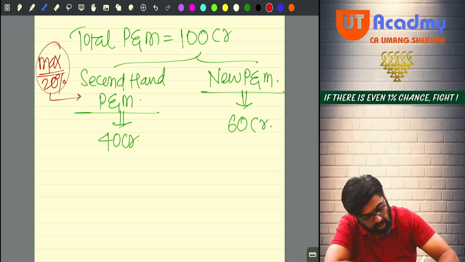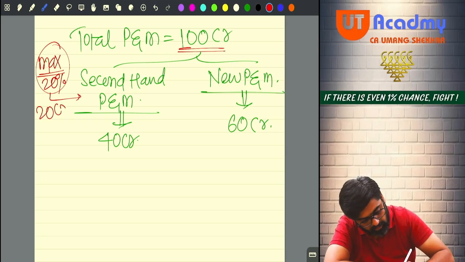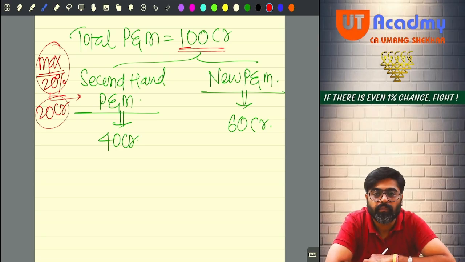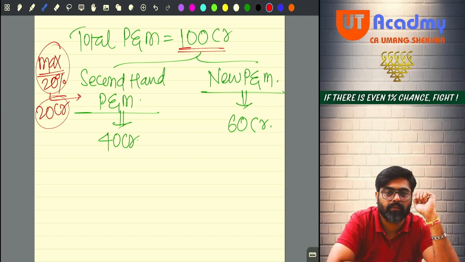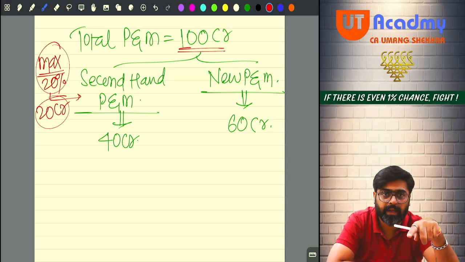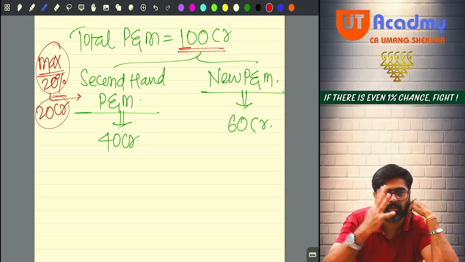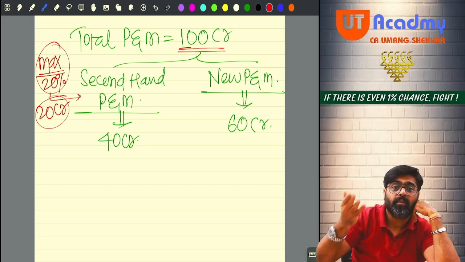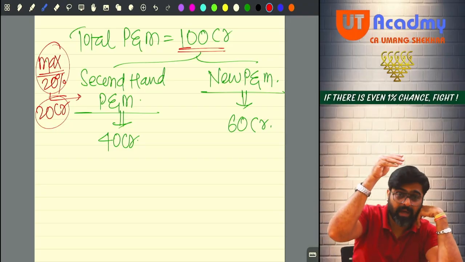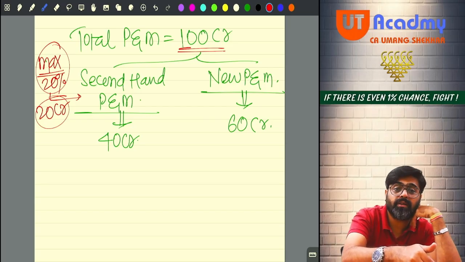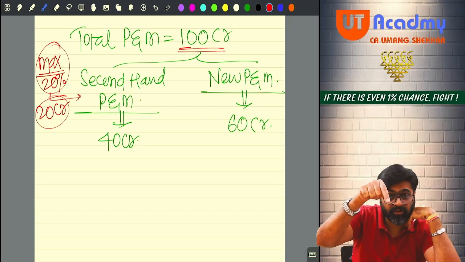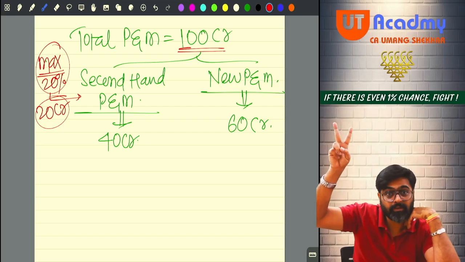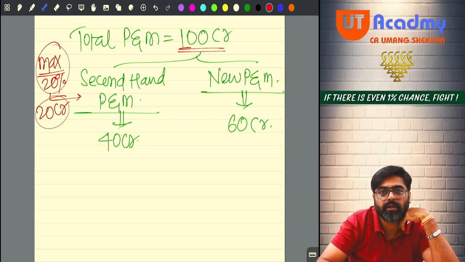Maximum 20% of 100 will be 20 crores. How much second hand are you buying to start the operations? 40 crores. Will you get any 35AD deduction for this business? No. That business is not eligible to get 35AD because the operations themselves are commenced with second hand plant and machinery, which is more than 20% of the total investment in the plant and machinery. Yes or no?